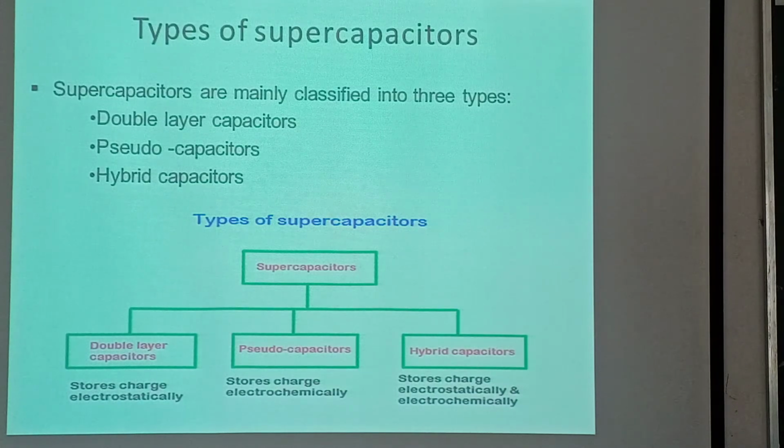The next one is pseudo capacitors. In pseudo capacitors, basically there are two types: first is metal oxide and second is conducting polymers. That stores charge electrochemically. Double layer capacitors store charge electrostatically; pseudo capacitors store charge electrochemically. And the third one is hybrid capacitors.